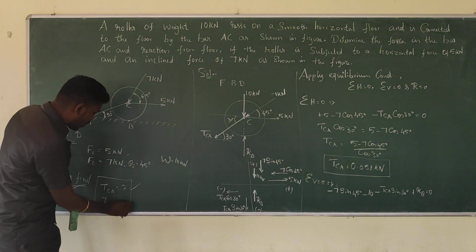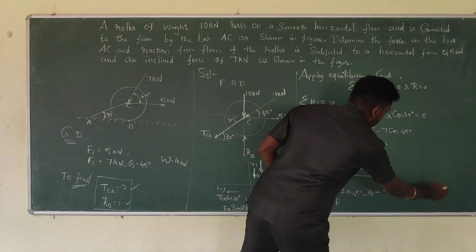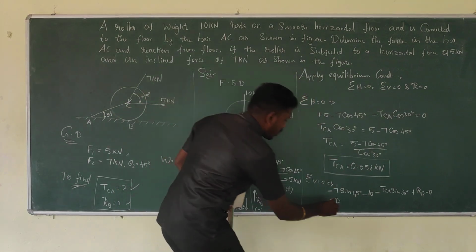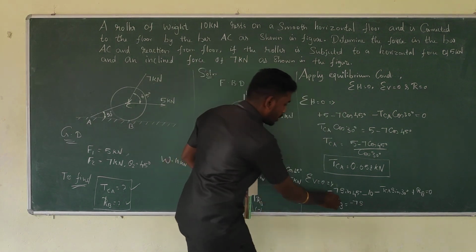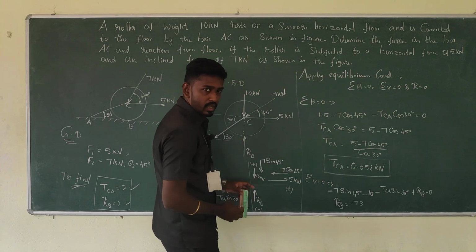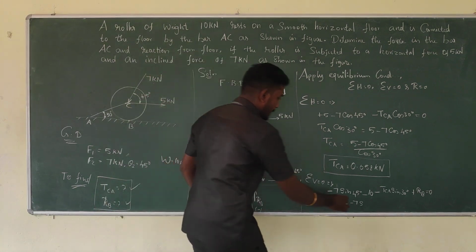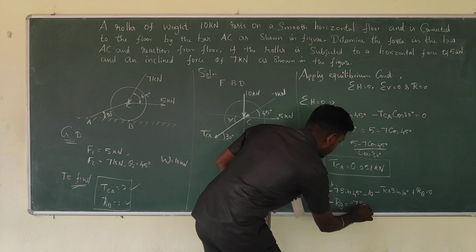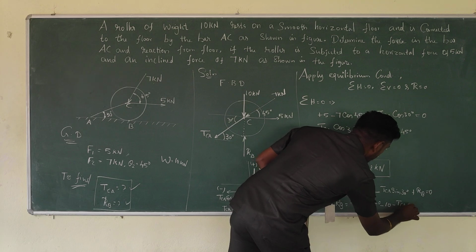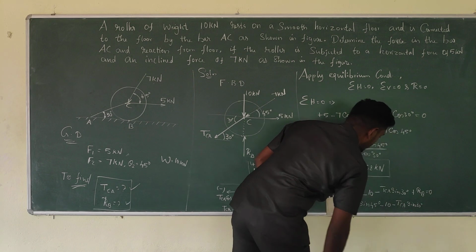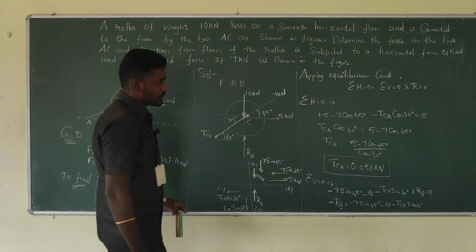We are going to calculate RB. I am going to take these terms to the other side, so that RB equals minus 7 sine 45 degree minus 10 minus TCA sine 30 degree.